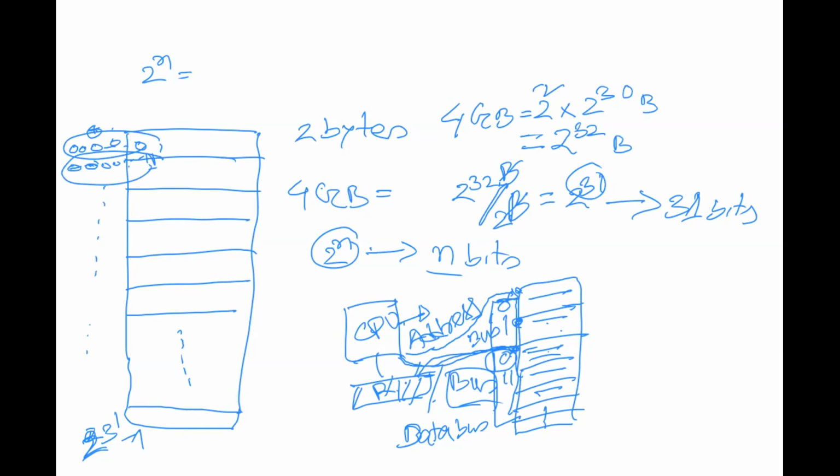If the word size is 4 bytes, it will be reduced. If your word size is 1 byte, it will be 2 to the power 32 units, so 32 bits at that time. So this is the address of a RAM, as I mentioned, for example 0010. This collection of addresses is known as the address space.